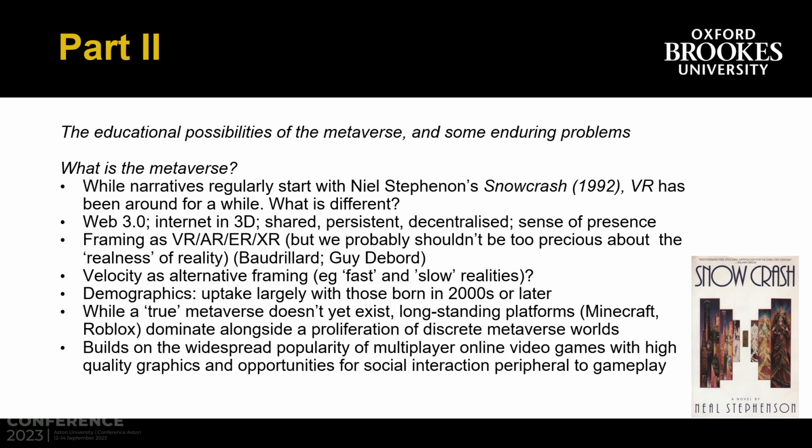People like Baudrillard and Guy Debord. So that's an interesting one. Could we think about the nature of reality in the metaverse as not being a distinction between virtual and not virtual, but maybe about velocity, about the fastness or the slowness of the reality that you experience in these kinds of worlds?